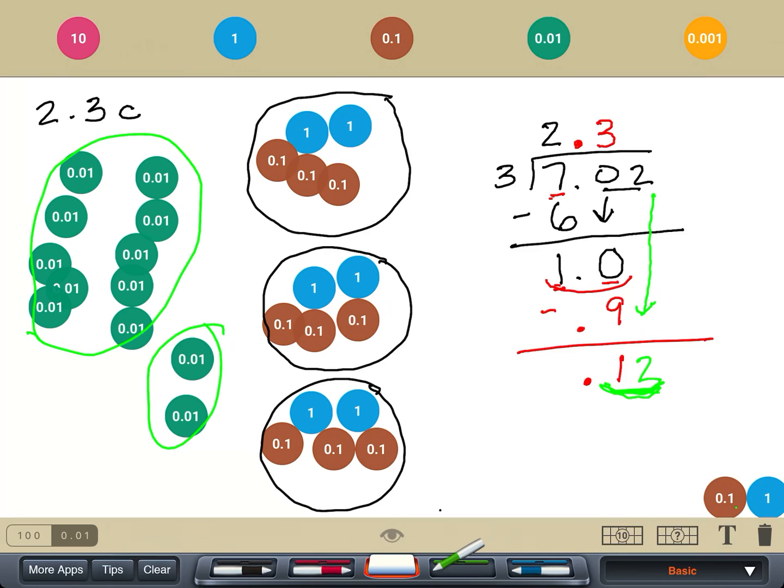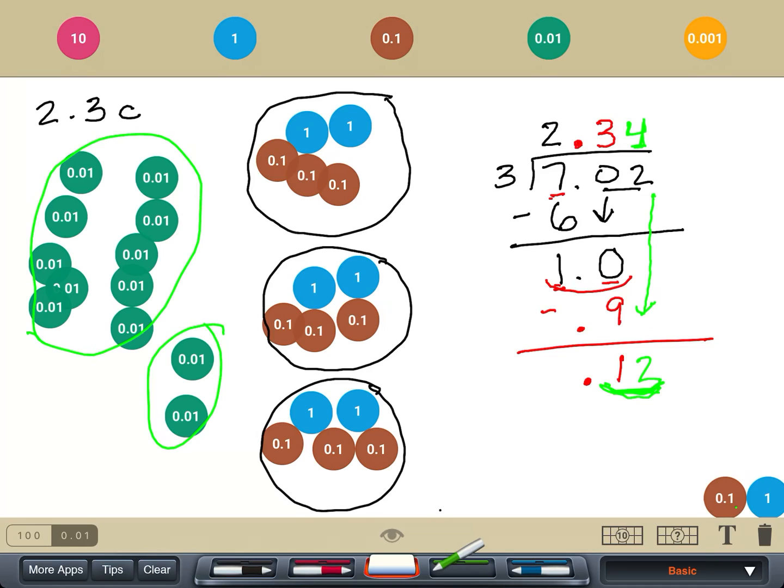And 4th grade, as you might remember from when we're adding, subtracting and multiplying decimals, when you divide decimals with the same place value, you're going to get the answer in the same place value. So 12 hundredths divided by 3 is 4 hundredths, the same way that 12 wholes divided by 3 is 4 wholes.